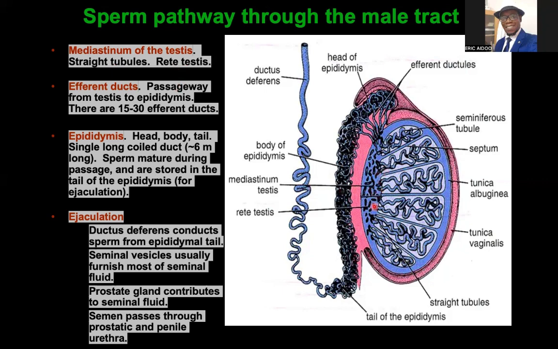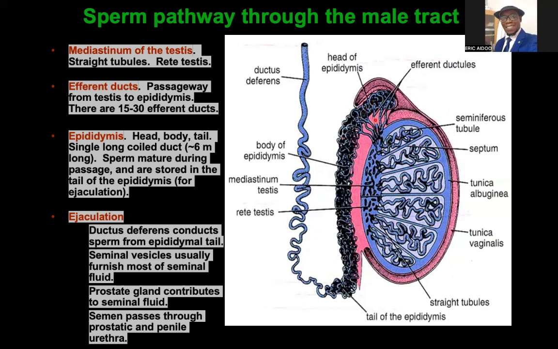And like I said, the straight tubule has been labeled, but you can hardly see it in this. Then you have the efferent duct, the passageway from the testis to the epididymis, the passageway of the spermatozoa, which will become spermatids, from the testis here to the epididymis.